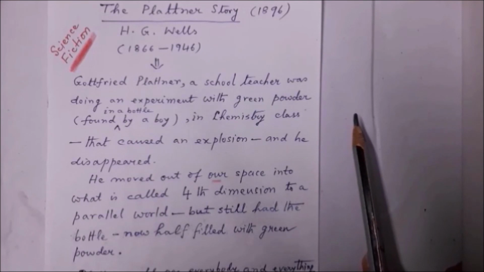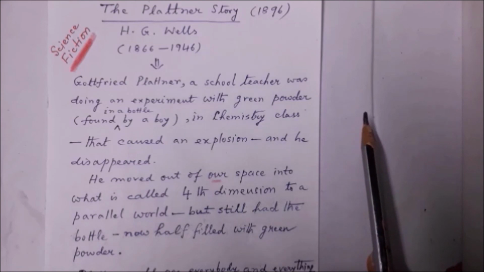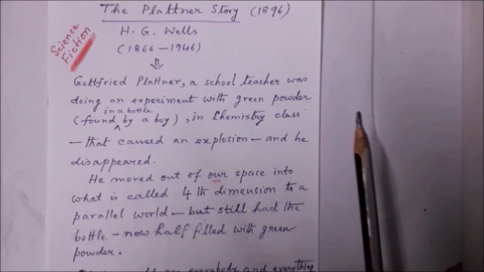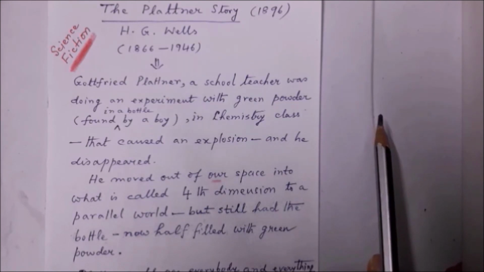Plattner was a school teacher in the south of England and in chemistry class tried to experiment with a green powder from a bottle that a boy gave to him.